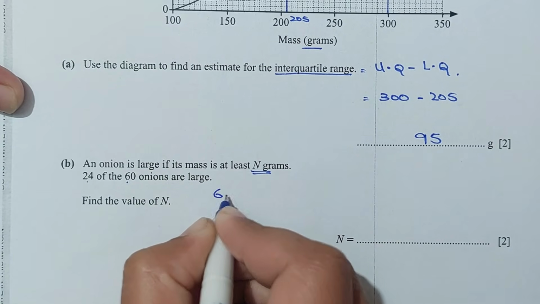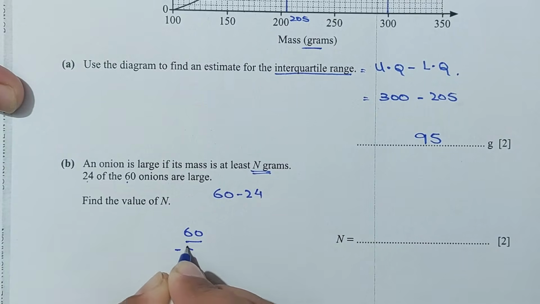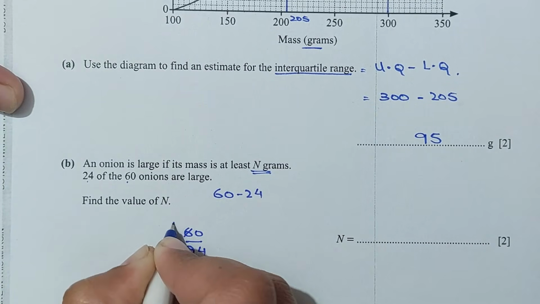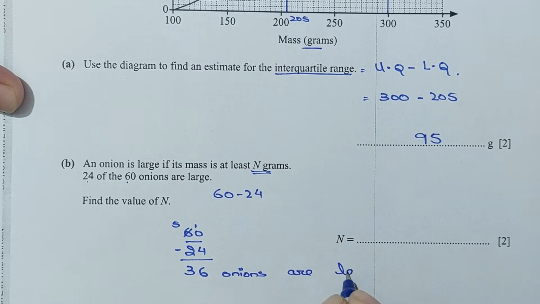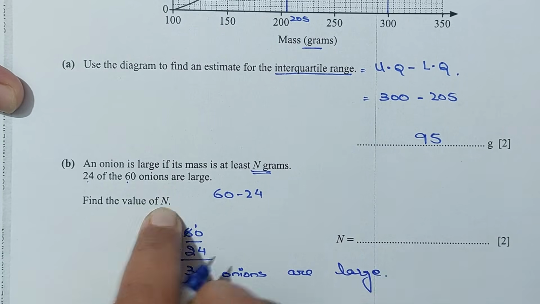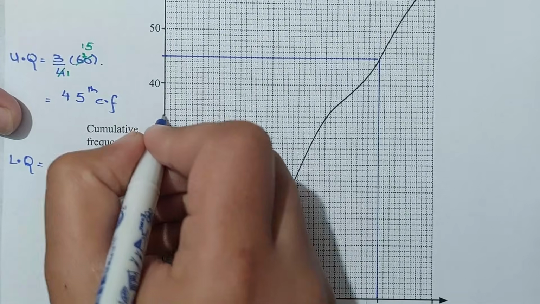So how many onions are large? From 60 take away 24. 60 minus 24, so 10 minus 4 would be 6 and 5 minus 2 is 3. 36 onions are large. Okay, we have to solve for n in terms of grams. So read the value of 36.